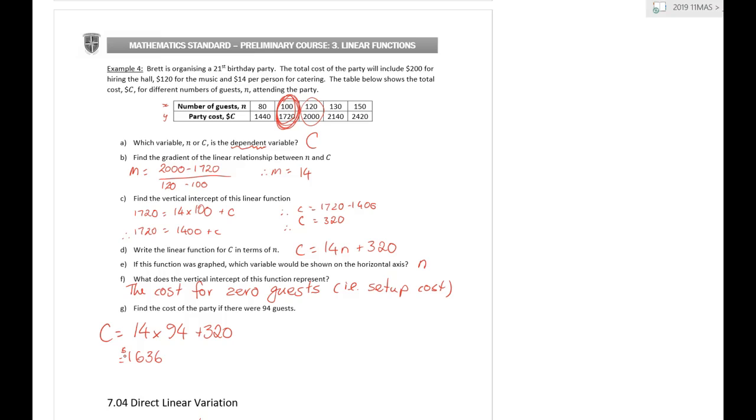That is linear modelling. You have to read carefully, determine your dependent and independent variable, calculate the gradient and y-intercept, and thus arrive at a formula, an equation relating those things, ideally in gradient intercept form, that is y equals mx plus c. Write it like that, and from there you can interpret it and apply it to calculate other things, as we did here.